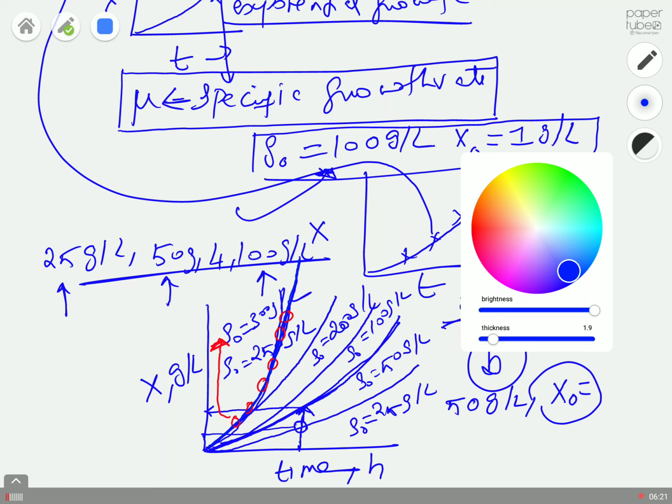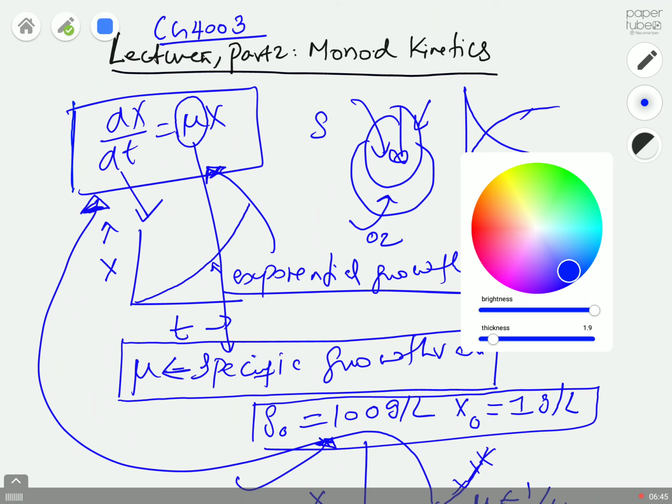So this is a different set of experiments you perform with the same microorganism, same reactor volume, same inoculum concentration. The only difference is your substrate concentration, or you can call it nutrient concentration, which will be consumed by your microorganism and convert your reactants into products. And again, just go back to the same equation which is here, this one.